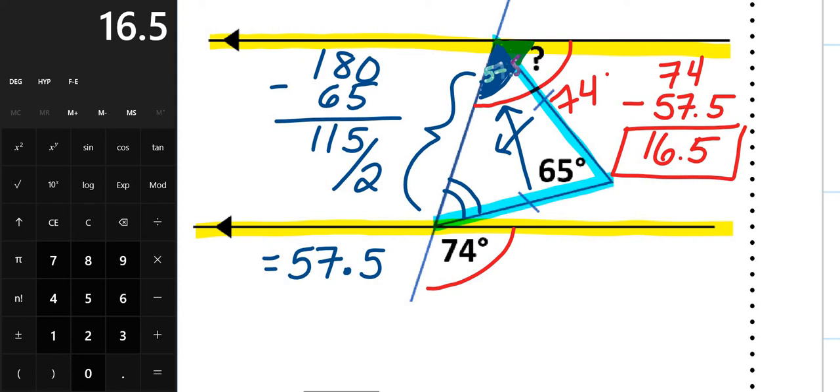I figured that out by using the isosceles triangle right there in the middle: if I subtract 65 from 180, I'm left with 115 for both angles. Divide that by 2, and I get this measurement of 57.5. Then the last step was to subtract that 57.5 from 74, and I'm left with 16.5 degrees for my question mark. A couple of steps here, but it's okay.